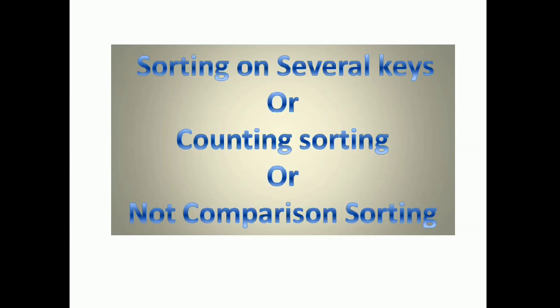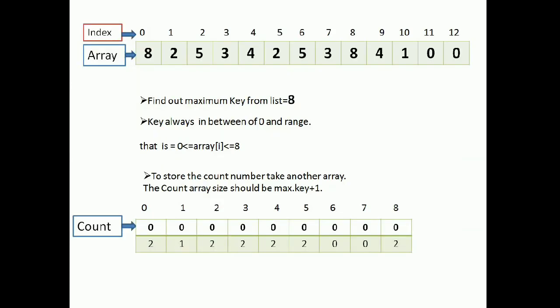In normal sorting, we compare two elements, which one is smaller or larger, and based upon that we change the position of the elements. That is what we learned in normal sorting methods. This is totally different. We are not sorting the elements based on comparisons. This is an interesting topic, counting sort. Let's quickly go to the topic.